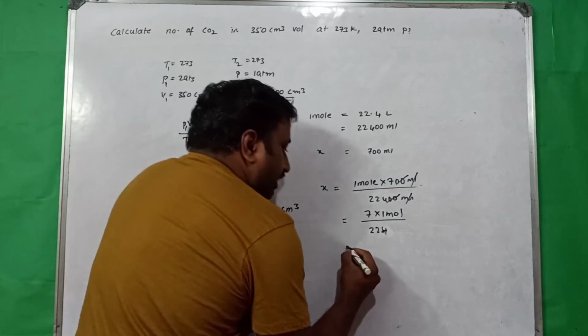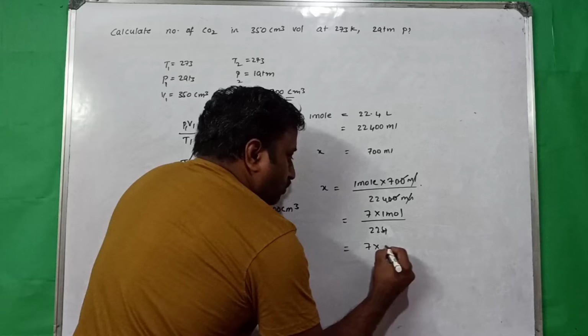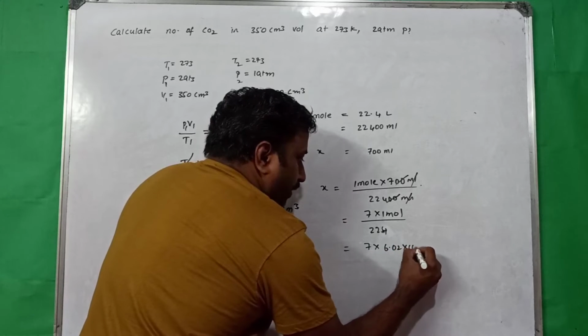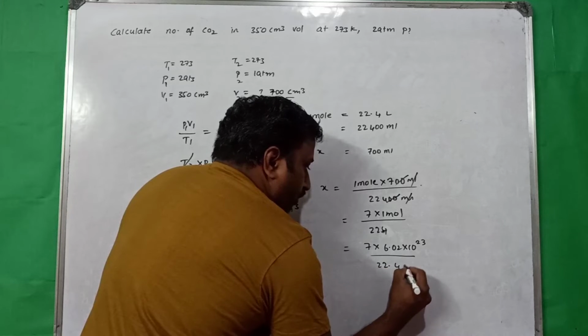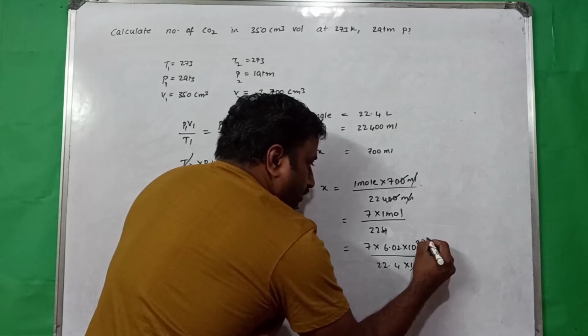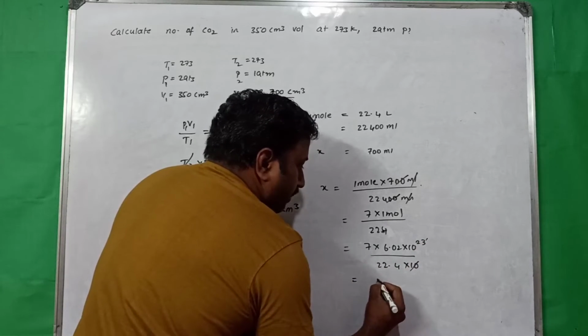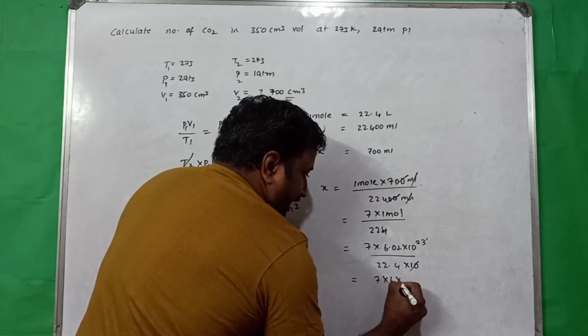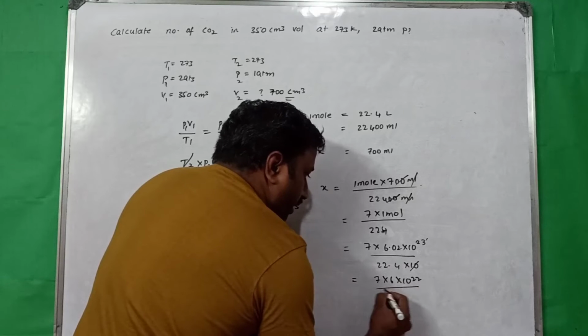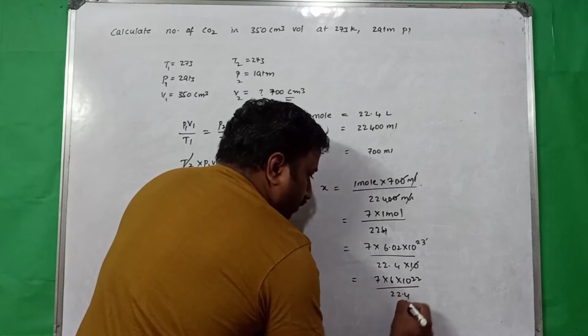So the number of molecules is 7 into 6.02 into 10 power 23 upon 22.4 into 10. So 10 and 10 cancel. Then you will get 7 into 6 into 10 power 22 upon 22.4.